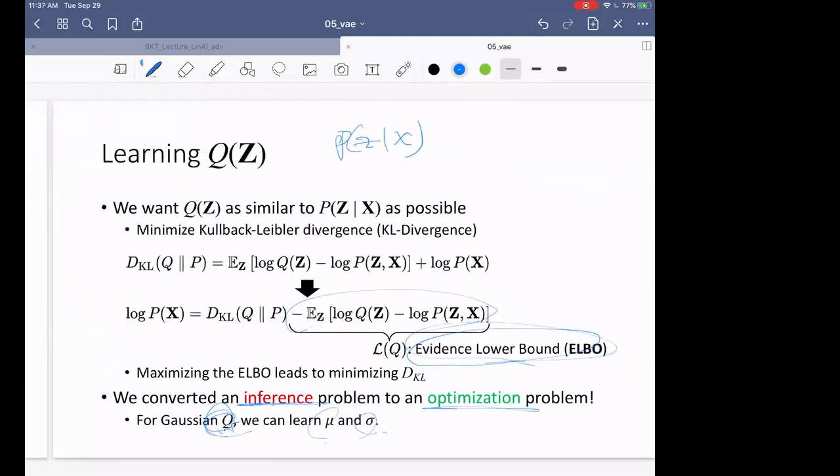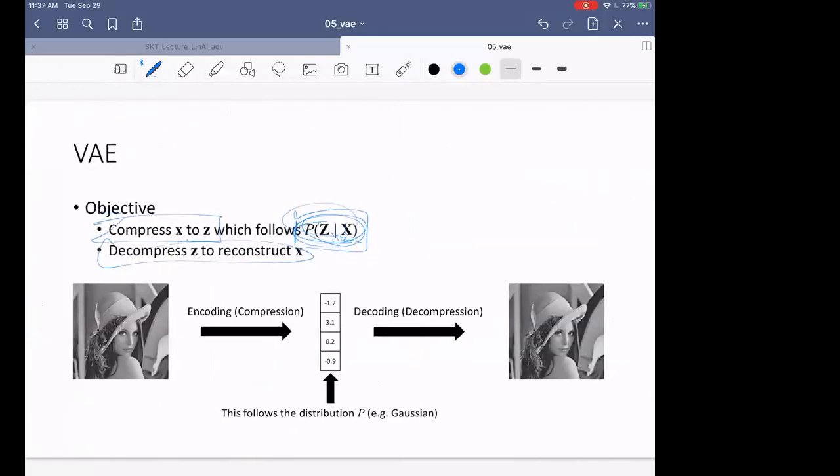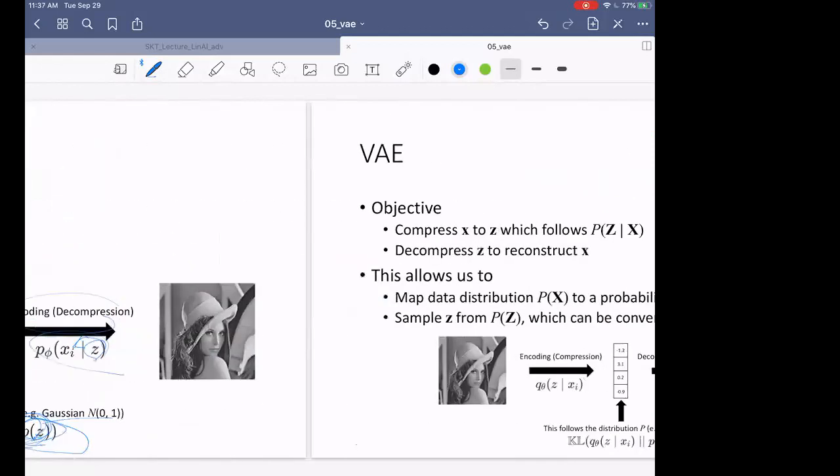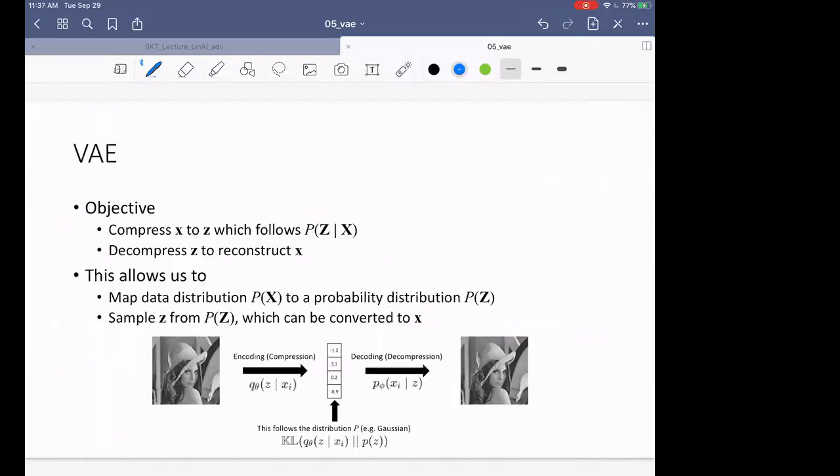All right, I'm going to move on. Compress x to z, which follows P(z given x), then decompress x. So VAE allows us to map the data distribution P(x) to a probability distribution P(z), which is approximate, of course, because we're using the approximate distribution q to map x to z.